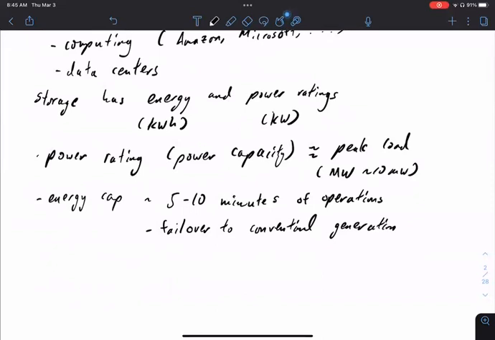Diesel is one good example, though there are other ways to do this. If the power cuts out, you run the battery, and within, say, 10 minutes your diesel generator can kick on, and then you operate from your conventional generation. You don't have to operate from a battery anymore. So this is a particular type of backup for batteries in data centers. The next thing is interesting to think about.